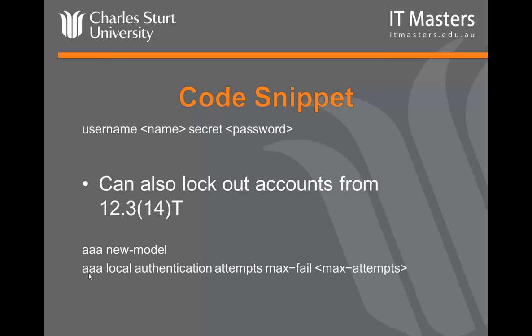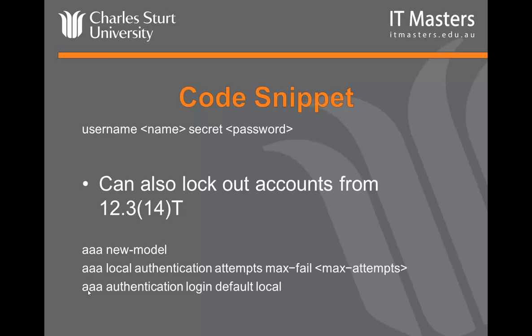Next code snippet, AAA. So aaa new-model basically enables AAA on your router. This one here, aaa local authentication attempts max-fail and then a number. What that's saying is if you're using local authentication and you fail more than this max attempt, then your account will be locked.